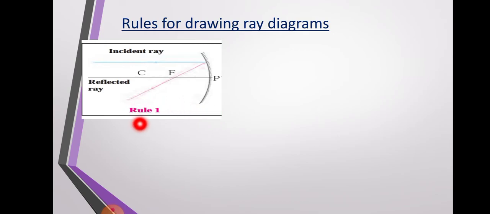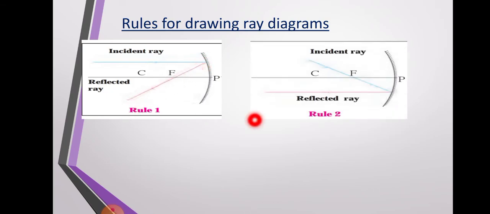So what is the first rule? When the incident ray is parallel to the principal axis, then the reflected ray passes through the principal focus. F is the principal focus. So this is the first rule. Now the second rule is, when the incident ray passes through the principal focus F, then the reflected ray is parallel to the principal axis.